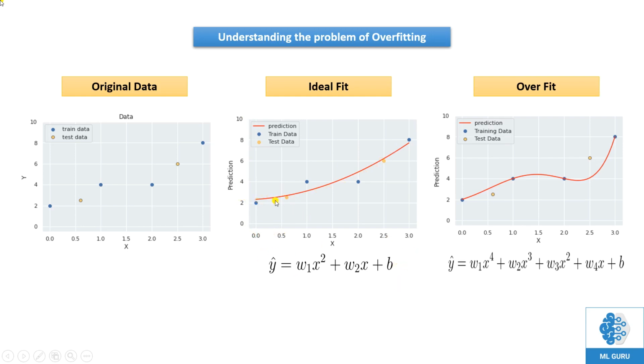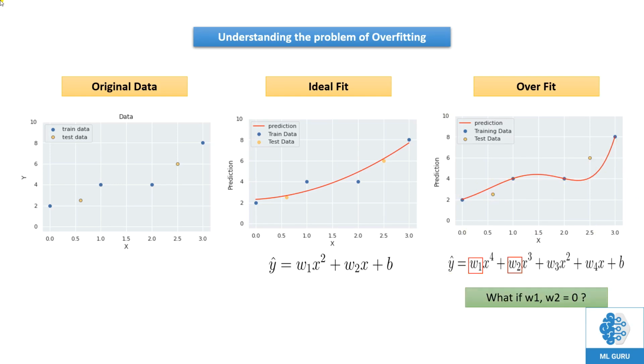And we saw that this equation was the ideal fit for our data. And in the third figure, you can see when we fitted a 4-degree equation on this data, we faced the problem of overfitting, meaning it was doing good for all the training points, but it was doing bad on the test points.